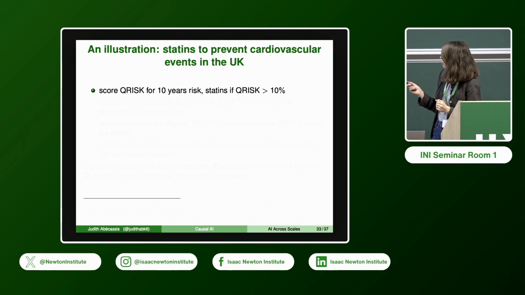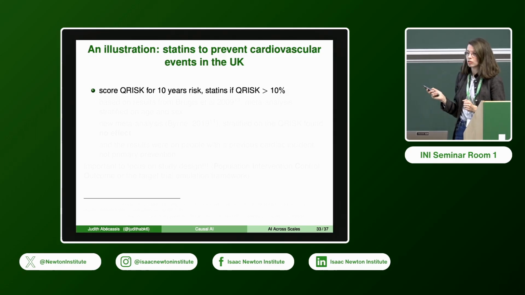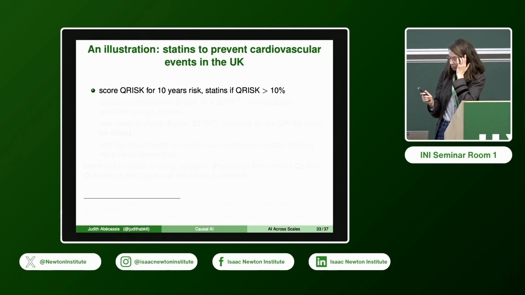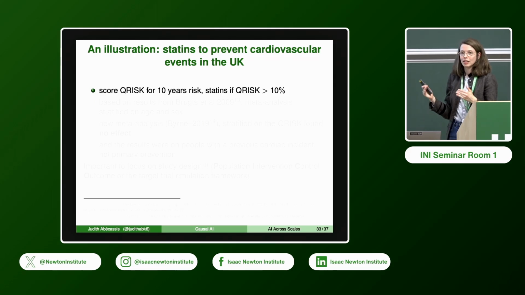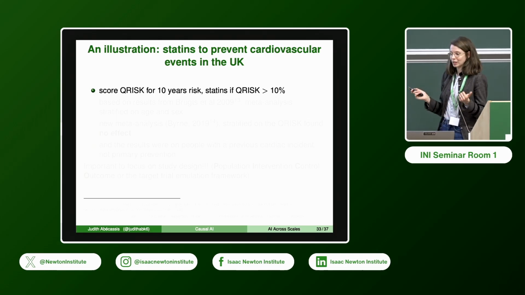So in the UK, they have designed a risk score that is called the Q-risk, that is very well principled. It's more a predictive model to assess whether you are likely to have a cardiovascular event within 10 years or not, and actually it's well calibrated. It has a good clinical utility.